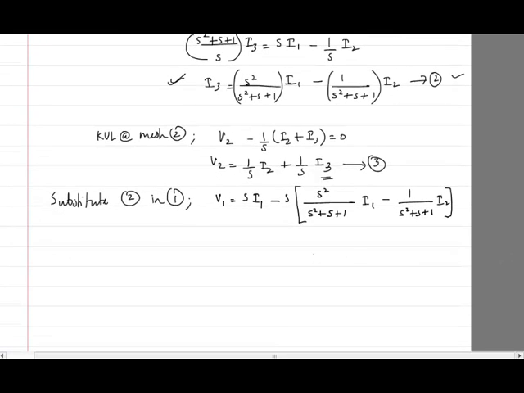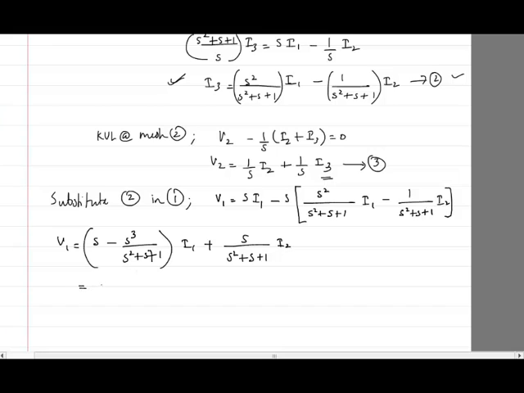From which I can join the I1 parts together. I will get V1 is equal to S minus S cube divided by S square plus S plus 1 into I1, and minus and minus becomes plus S into 1 divided by S square plus S plus 1 into I2.